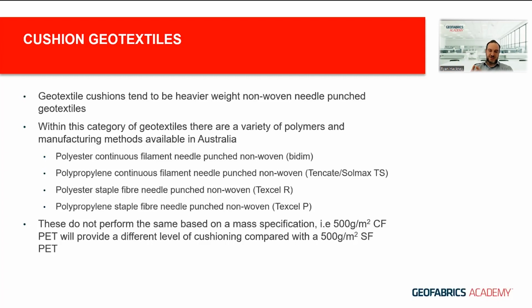They have a TS range of geotextiles. We manufacture here in Australia polyester staple fiber needle punch non-wovens. That's the Texel R range of geotextiles. And again, we manufacture here in Australia, in Queensland, polypropylene staple fiber needle punch non-woven geotextiles, TexLP.